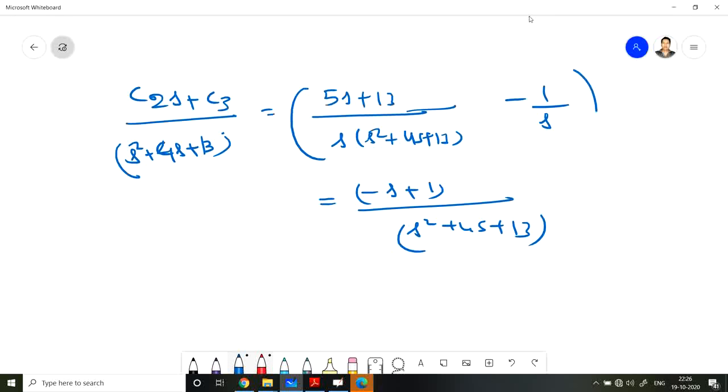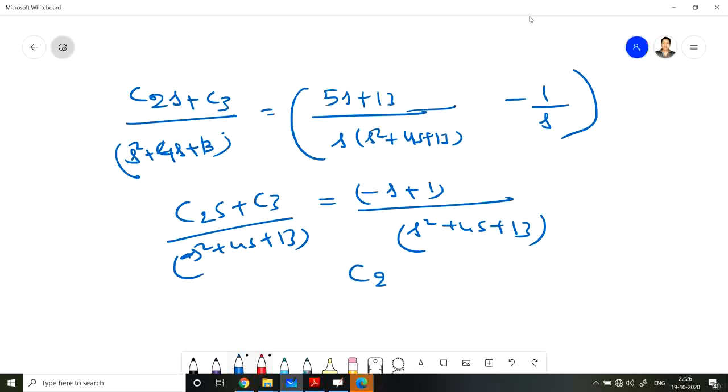Here c1 is 1. So (c2 s plus c3) divided by (s square plus 4s plus 13) equals (minus s plus 1) divided by (s square plus 4s plus 13). Then if we compare the coefficients, what is the value of c2 we will get?